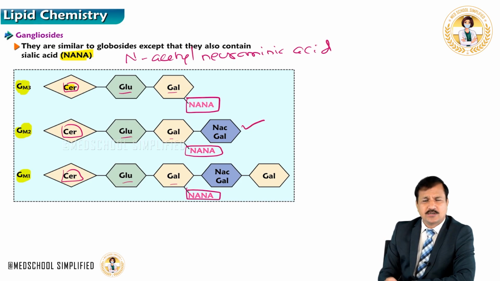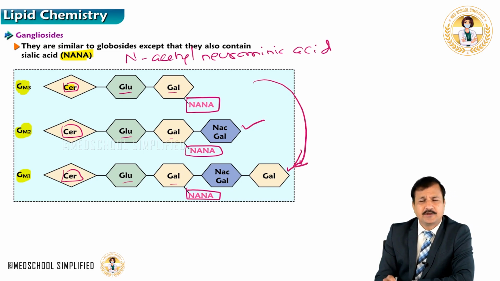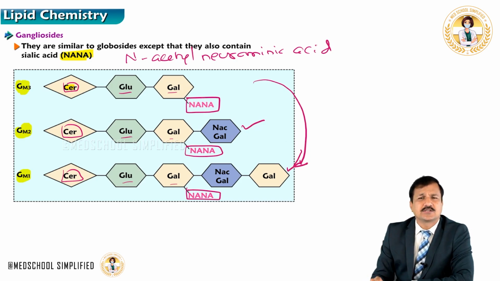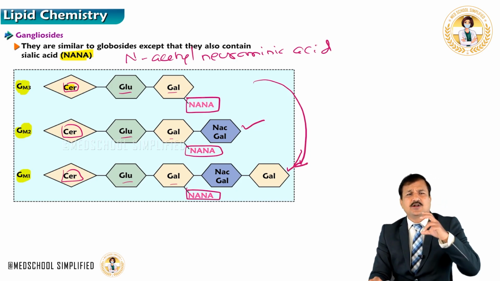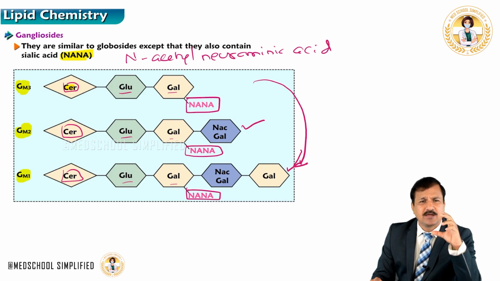Now the GM1, apart from having that N-acetylgalactosamine, also has one more galactose attached. So as you go from GM3 all the way to GM1, the complexity is increasing, with more components in the structure. So this is the difference between the three gangliosides, GM3, GM2 and GM1.